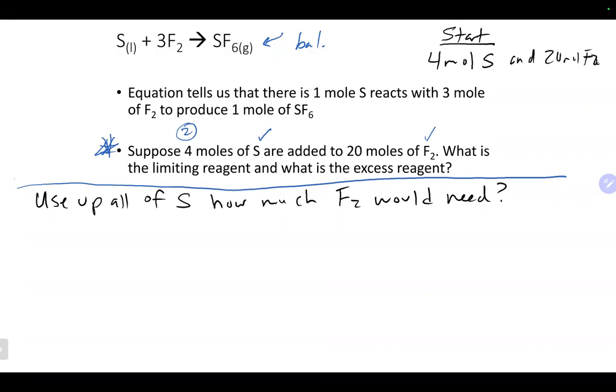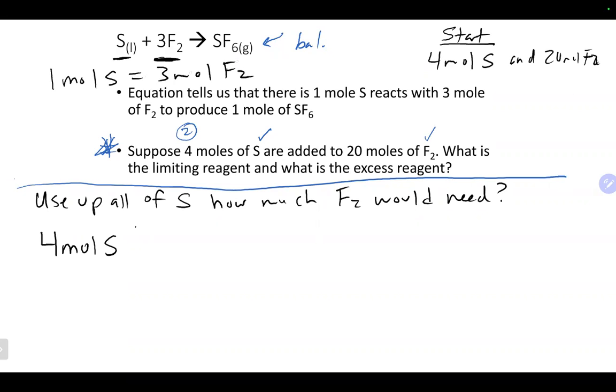What we're going to try to figure out now is how much do we need of the fluorine to use up all the sulfur. So to do that, we would start with the moles of sulfur that we're starting with, which is 4. We would do the stoichiometry between these 2, and we could see for every 1 mole of sulfur, we need 3 moles of F2.